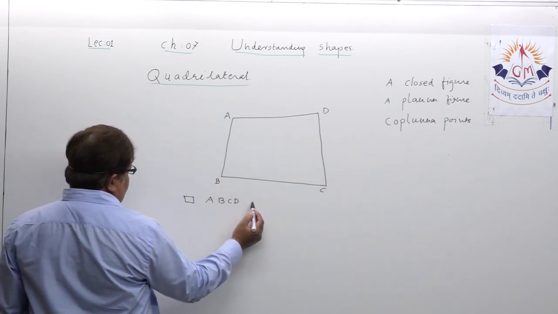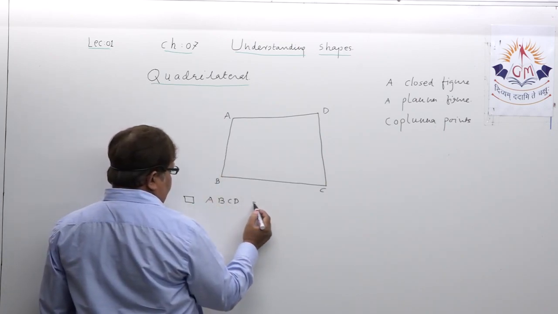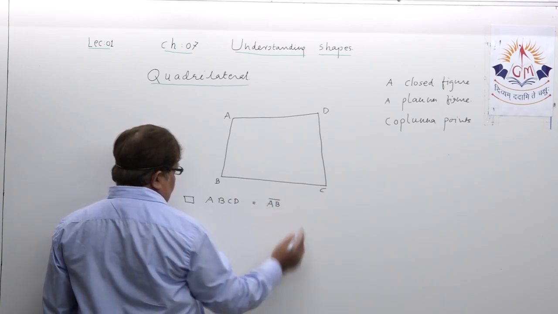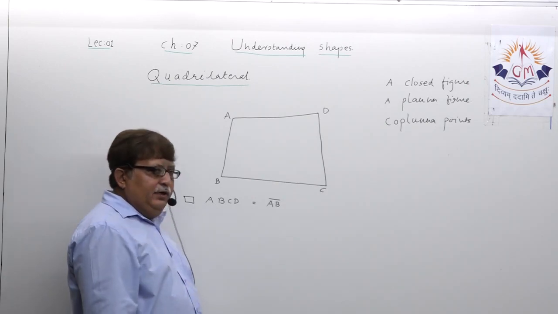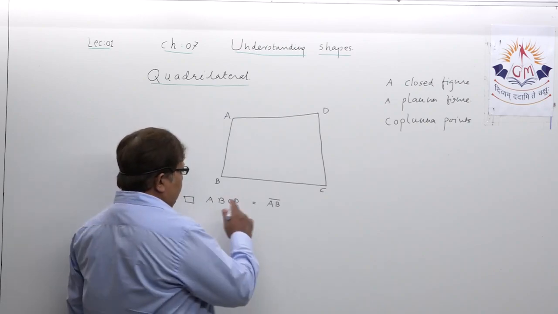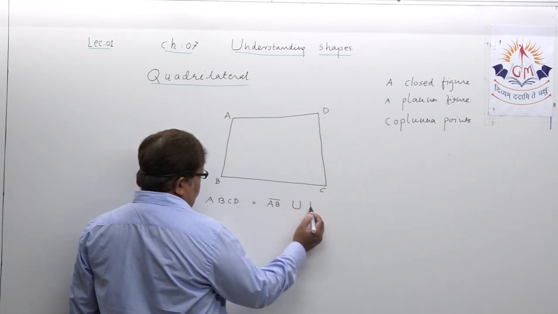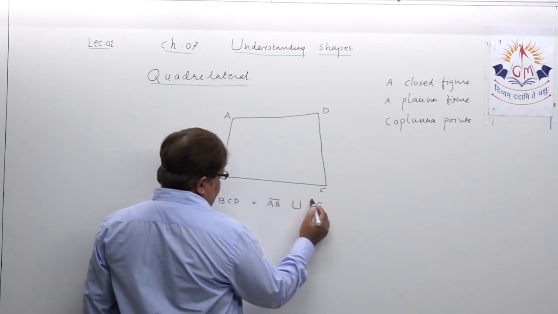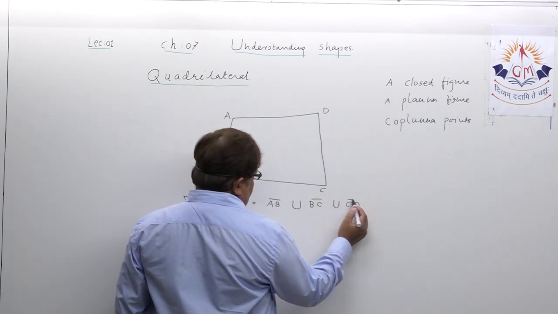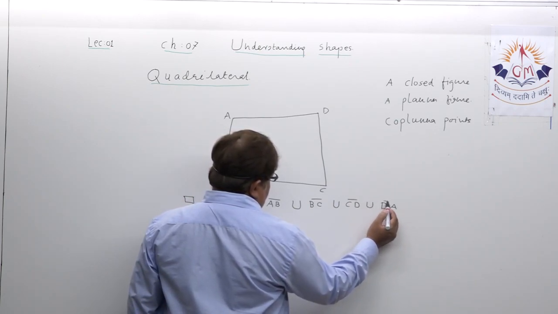Actually this quadrilateral is formed by four line segments, so you can write this way, line segment AB. In geometry we can't write plus, we use the symbol of union. Understand? The quadrilateral ABCD is equal to line segment AB union line segment BC union line segment CD union line segment DA.